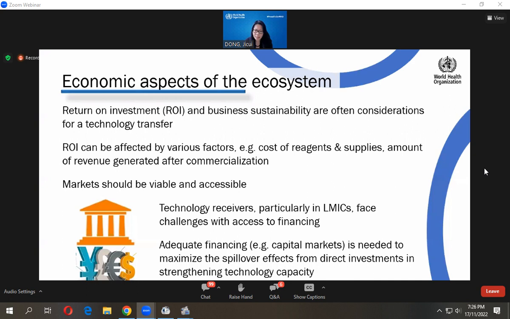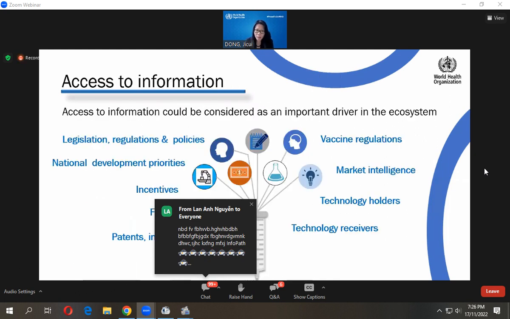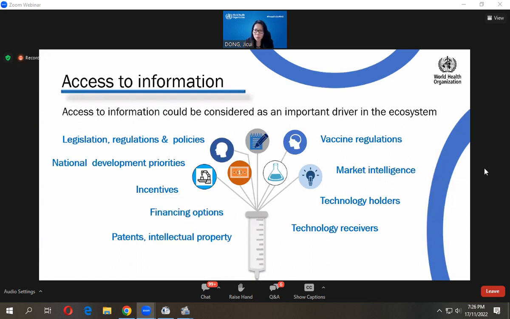Adequate financing is needed to maximize the spillover effect from direct investment in strengthening technology transfer. Access to information. When you build this technology transfer relationship, you need to know each other. The technology holders need to know who wants to receive technology, and the technology receivers need to know who has the best technology which suits their situation.